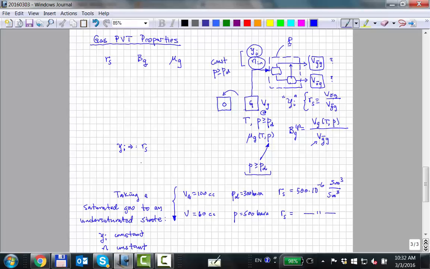But the volumes here are related to both the composition and the number of moles that you put into the process.